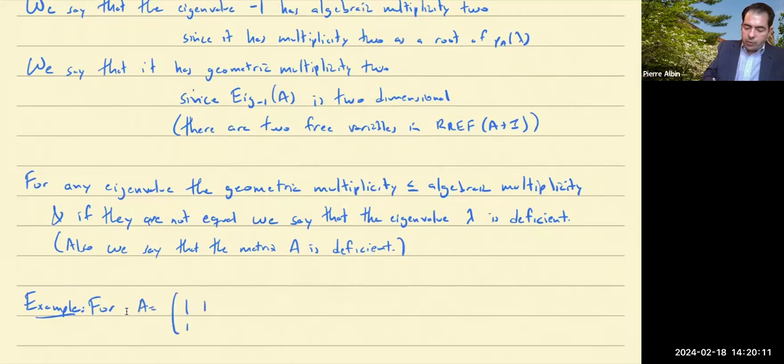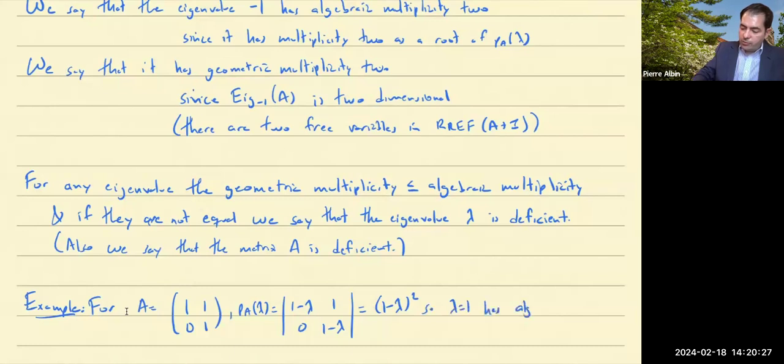You have the matrix 1, 1, 0, 1. Characteristic polynomial is the determinant of 1 minus lambda, 0, 1, 1 minus lambda, which is just 1 minus lambda squared. So lambda equal to 1 has algebraic multiplicity equal to 2.